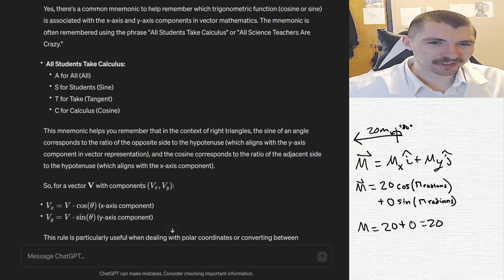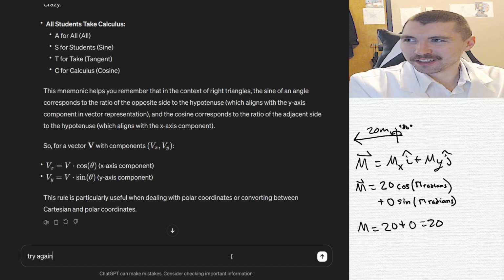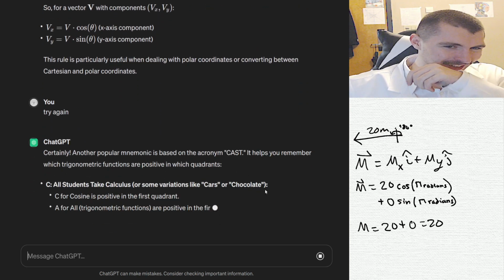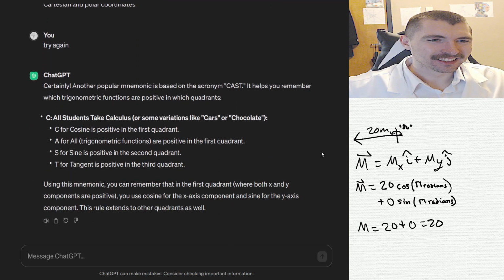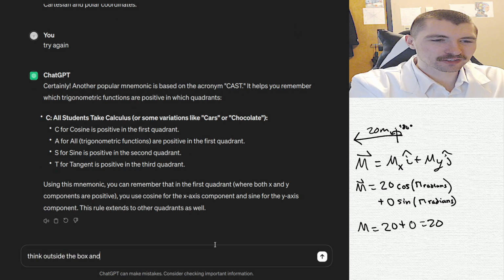This mnemonic helps you remember the context of right triangles, the sine of an angle. Try again. Think outside the box and try again.